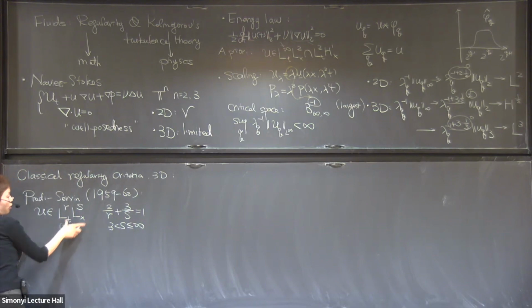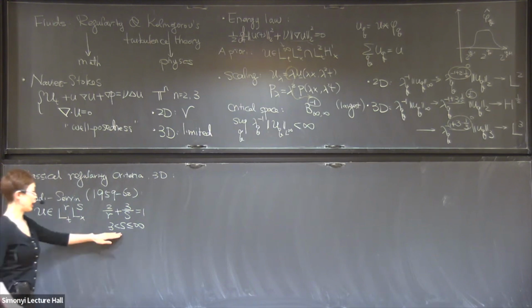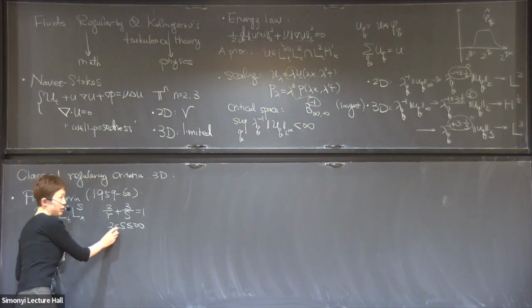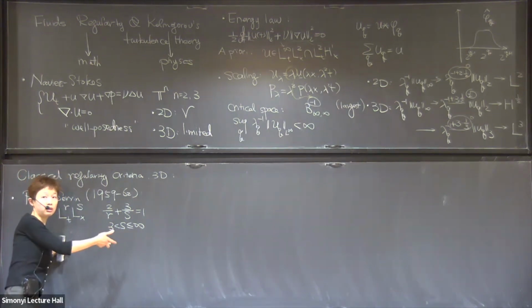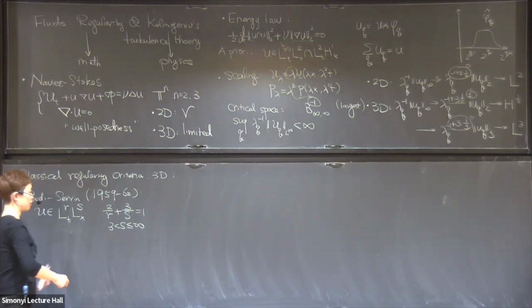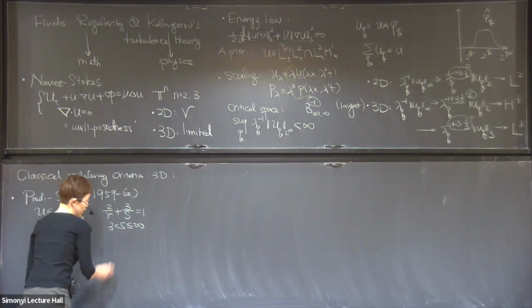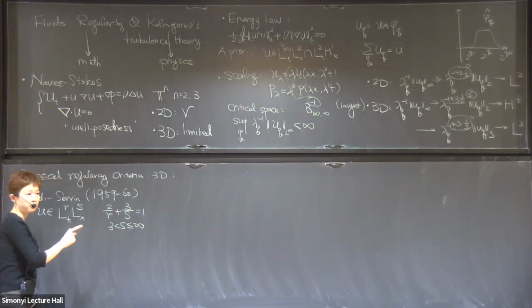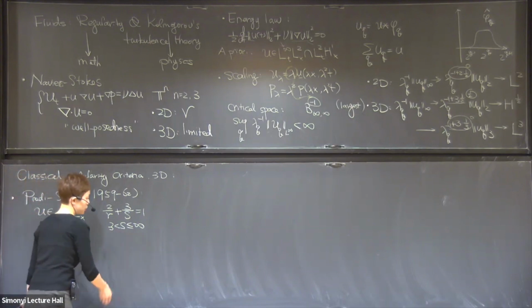This quantity is scaling invariant, it's a critical space. And you note that the condition here, s equal to 3, is not included. That's the endpoint. However, it's actually true, it's just the proof came much later. The endpoint is much harder.